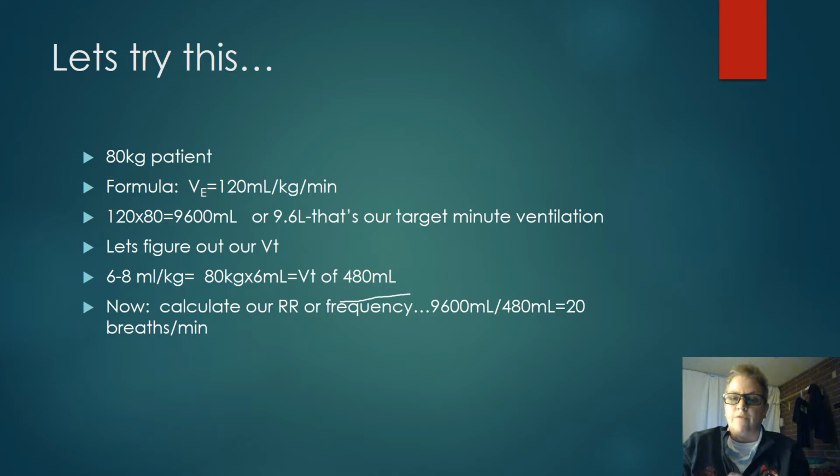That 480 mils of tidal volume at 20 breaths a minute is going to give us a good solid minute ventilation of 9,600 mils. So that's great. That's what this is. Might be a test question. So this is important stuff.